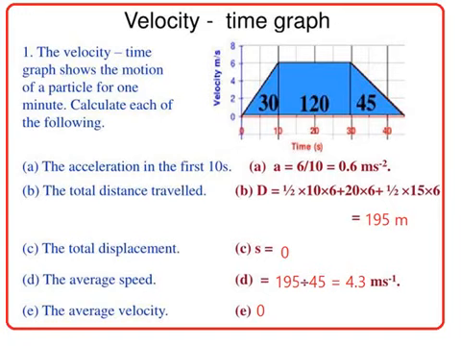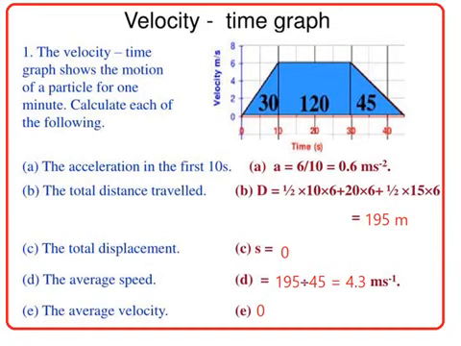Here the height is 6 meters per second, and the parallel sides: one parallel side is 45 and the other parallel side is 30 minus 10, that is 20. When you substitute in the formula, you will again get the same answer, 195.